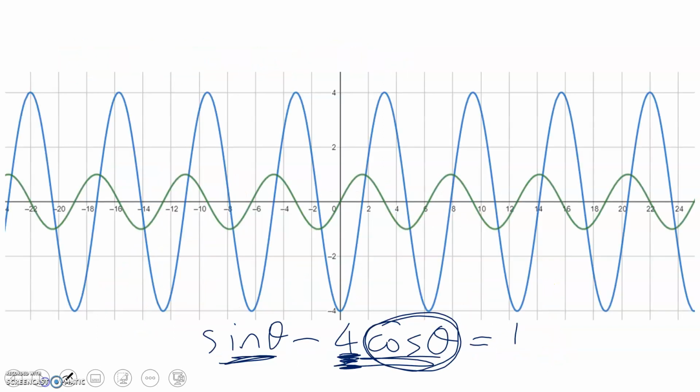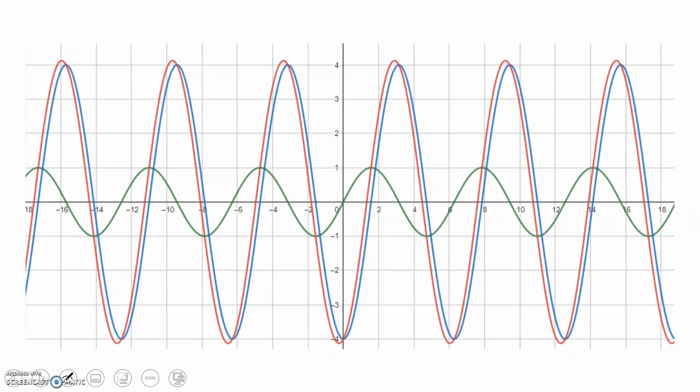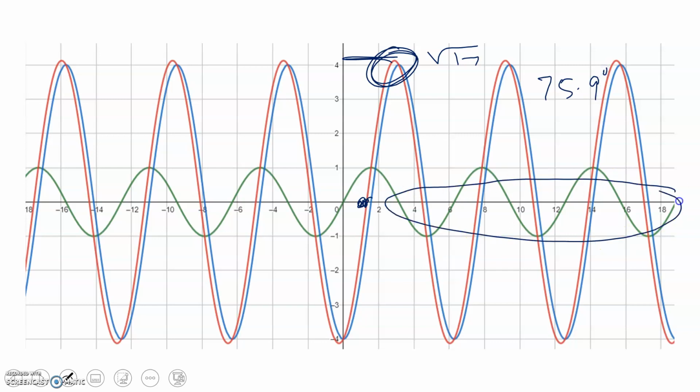And if we look at that lovely red curve, you can see that it works beautifully. Look, I've got the amplitude here is just above 4 at root 17, and the horizontal shift goes out to here, and that's 75.9 degrees. Remember that along here, these numbers are done in radians, so I did this in a big hurry, and I didn't get nice pi on 2 and pi multiples going along the curve.